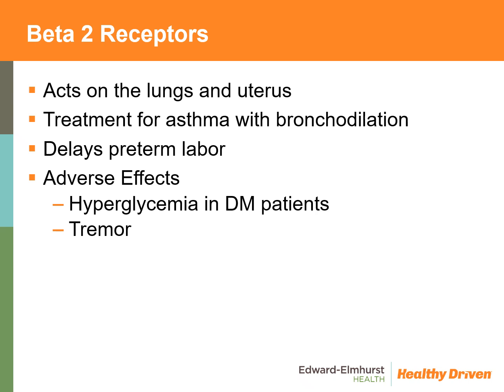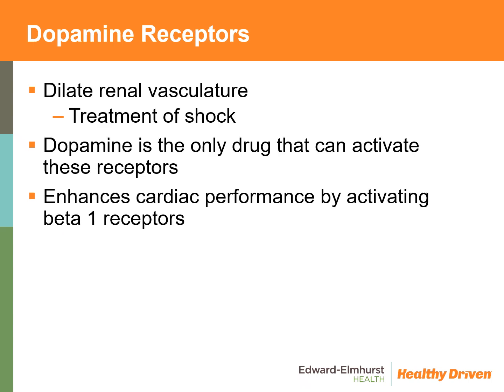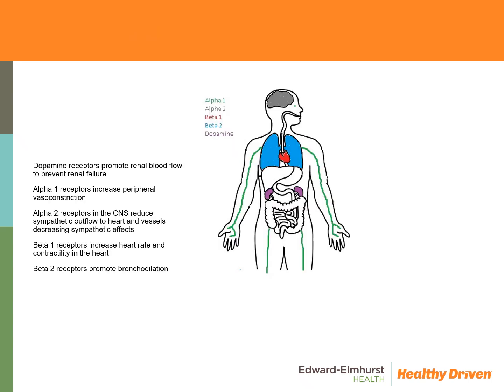There's treatment for asthma and bronchodilation, delays preterm labor, and adverse effects are hyperglycemia in diabetic patients and tremors. Your dopamine receptors will dilate the renal vasculature for treatment of shock. Dopamine is the only drug that can activate these receptors, and it enhances cardiac performance by activating the beta-1 receptors.